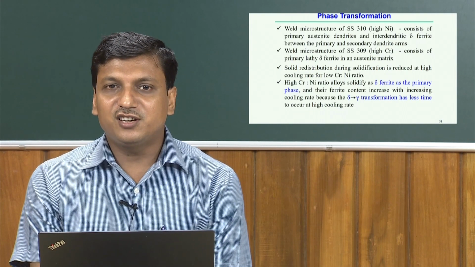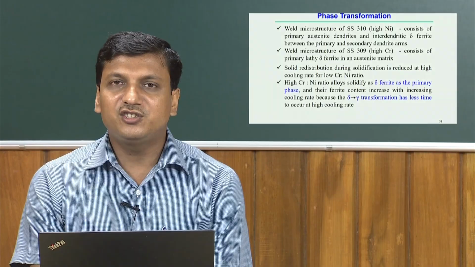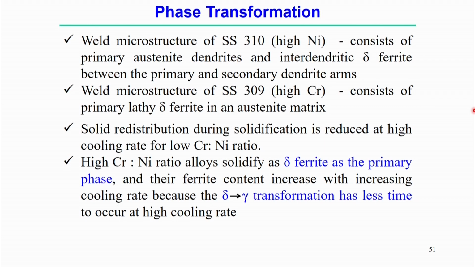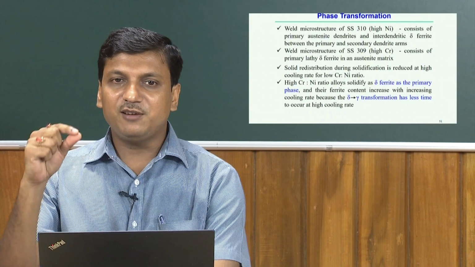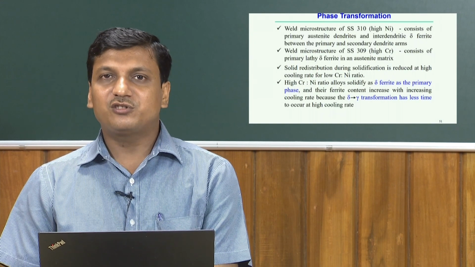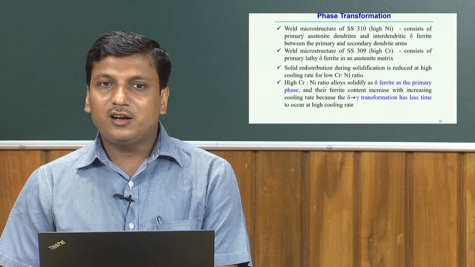Next, if we look at the high chromium stainless steel SS309, the chromium content is very high in this case as compared to the nickel content. So this microstructure consists of primary lath type delta ferrite in an austenitic matrix.